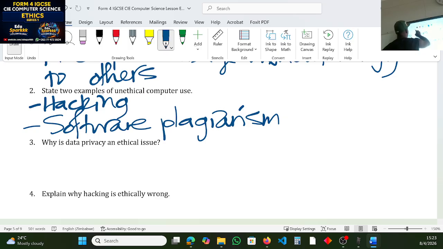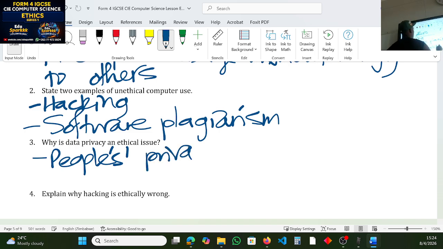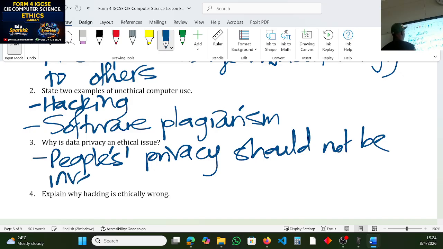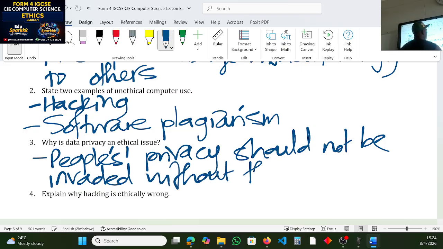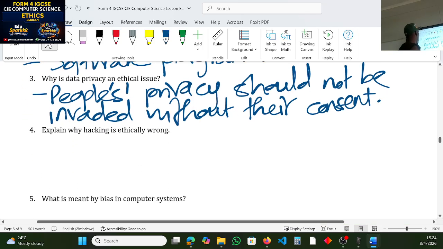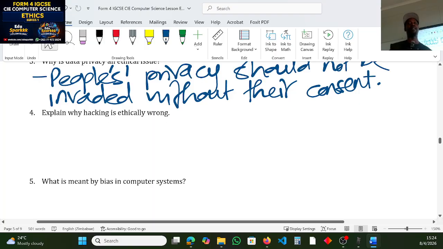So this is an ethical issue because people's privacy should not be invaded without their consent. So here we are worried that someone simply gets access to your information without you giving them that right.